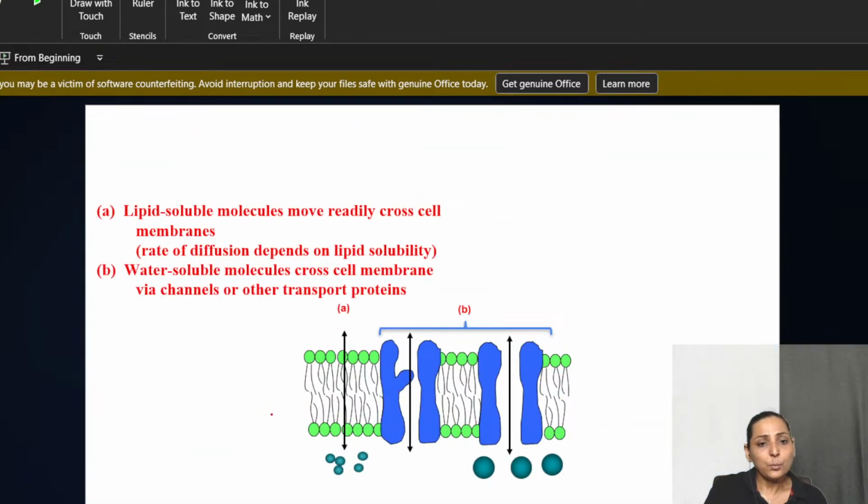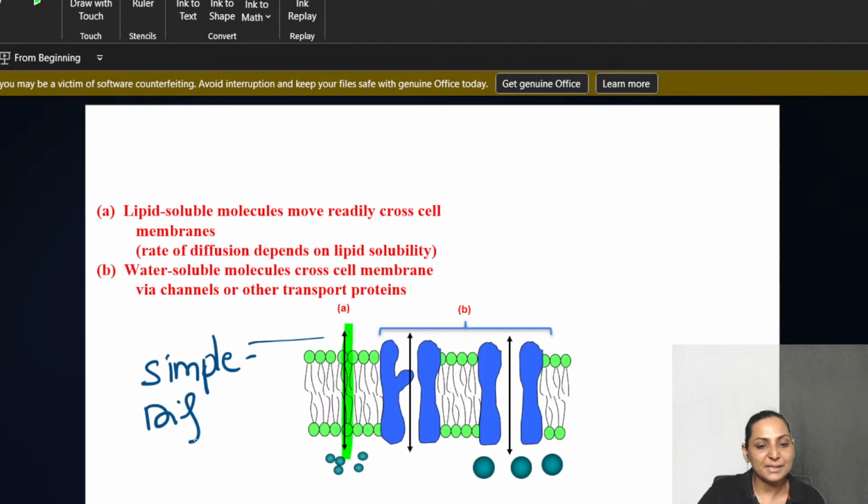Now, what is this? This is very interesting. See, you can see that there are two molecules, A and B. And this molecule A, if anytime I want to give an image based question, I am showing you that easily it can pass through the cell membrane, isn't it? So this is just showing me that this is simple diffusion. It is simple diffusion.